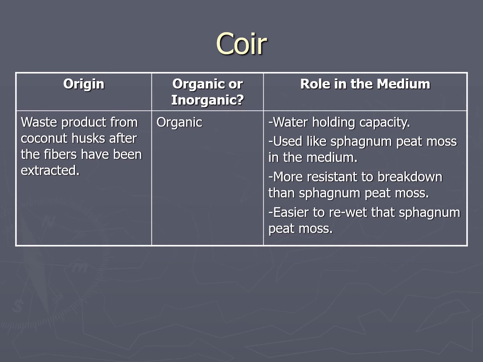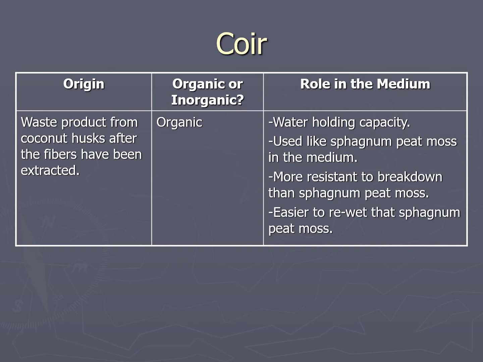So where exactly from the coconut does coir come from? Well, if you think of a coconut as a seed, and after the white-colored coconut flesh has been removed, what remains is the outer husk. And the outer husk is really composed of two things. It's made up of fibers and coir.